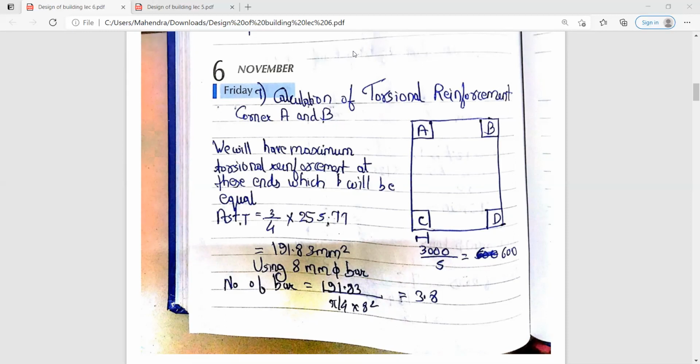We will have the maximum torsional reinforcement at the ends, which will be equal to AST torsional. As we are calculating the torsional reinforcement, the suffix below AST is capital T. So 3 by 4 into AST, that is 255.77. So AST torsional you will get 191.3.